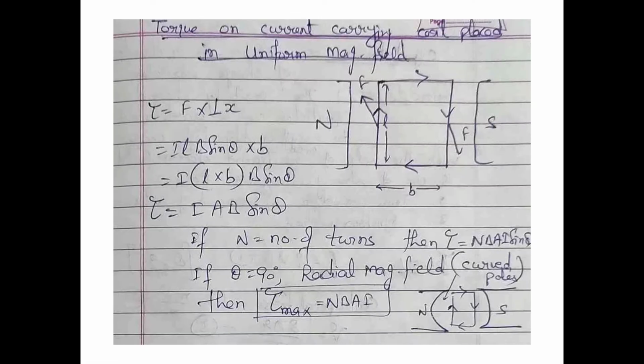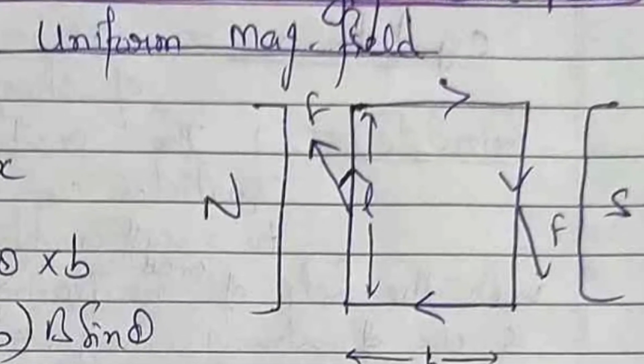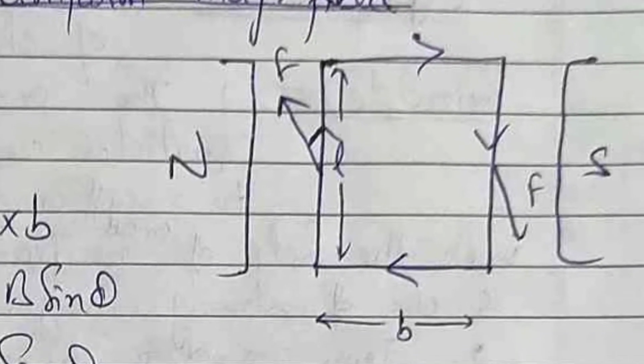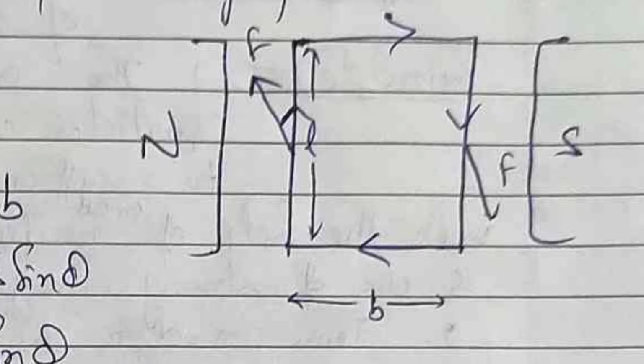Let us discuss the torque on a current carrying coil which is placed in a magnetic field. Suppose this is a magnetic field, and let us say this is a rectangular coil having length L, breadth b. See, I have drawn two forces in opposite directions. On the left side, force is in the downward direction, and on the right side, force is in the upward direction.